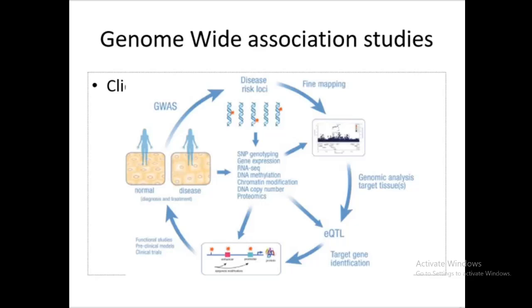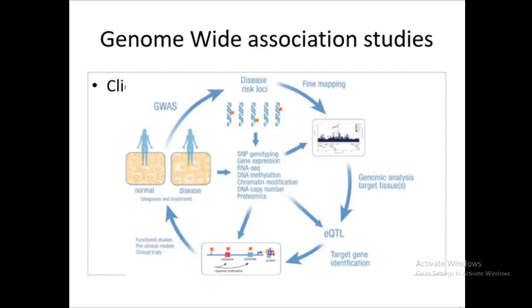Once you've done that, you can take it a step further and look at other ways of analysing the biomarker of interest, whether it be through SNP genotyping, straight gene expression, RNA-seq, DNA methylation, chromatin modification, DNA copy number, or you may even want to look at proteomics.